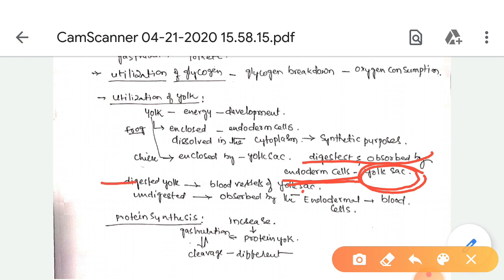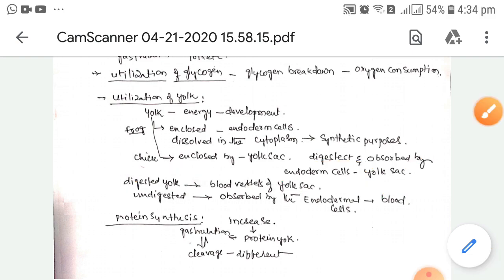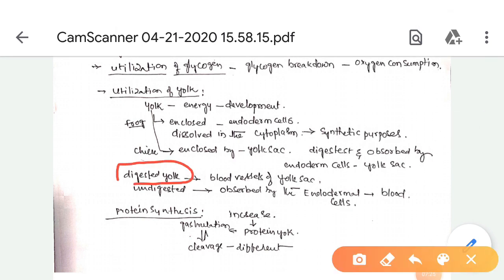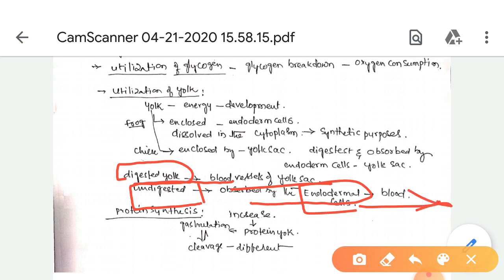The digested yolk passes to the blood vessels of the yolk sac. The undigested yolk is absorbed by the endodermal cells and passed to the blood.